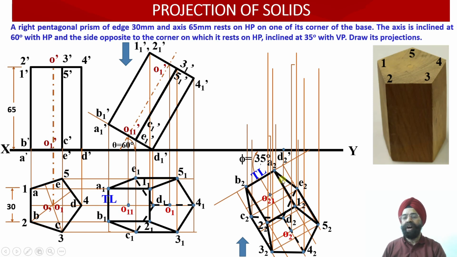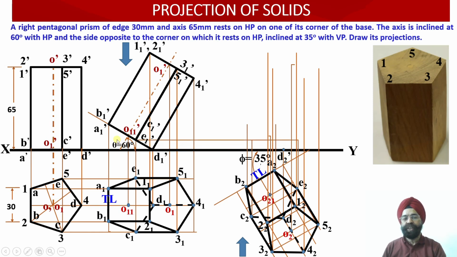If we draw a vertical projector line through D2, wherever it intersects the horizontal locus line emerging from D1 dash, we have obtained the point D2 dash over here.